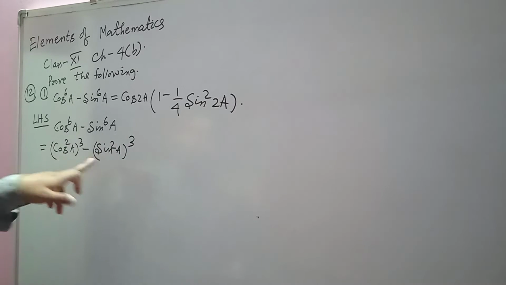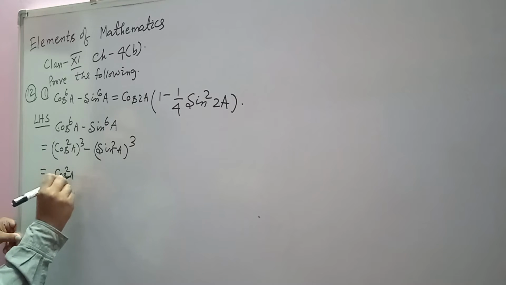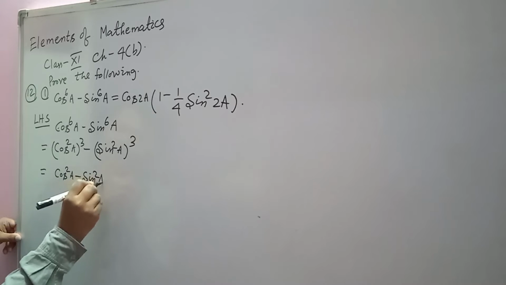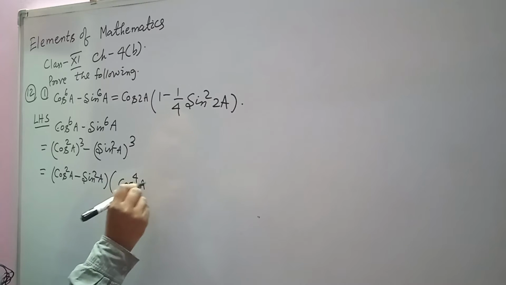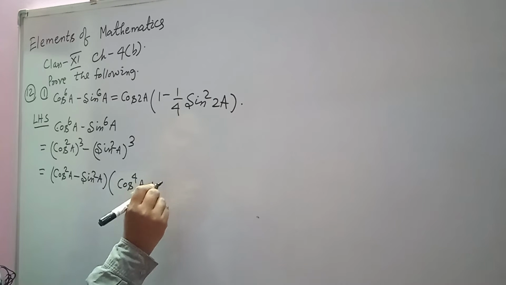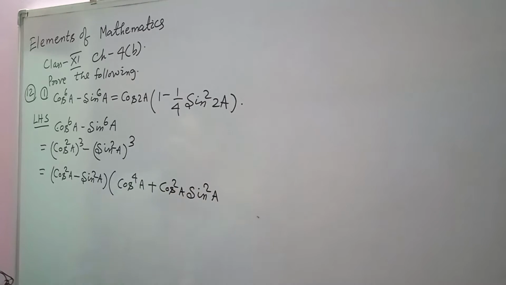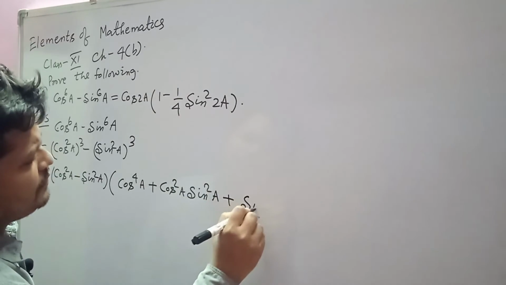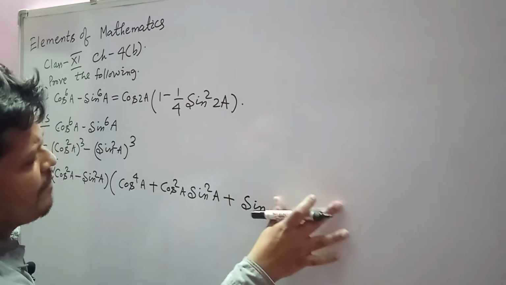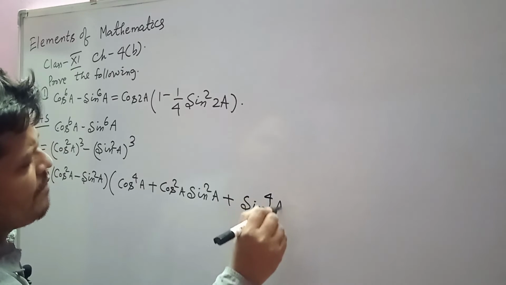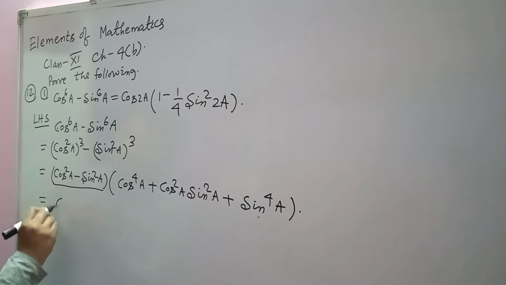So you can put the formula a cube minus b cube, that is equal to (a minus b) into (a square plus ab plus b square). This is nothing but cos 2a.